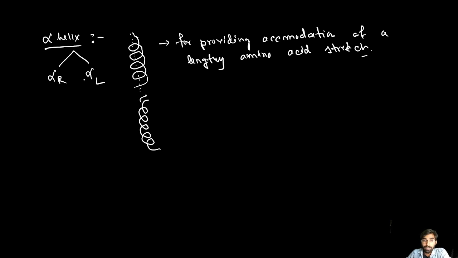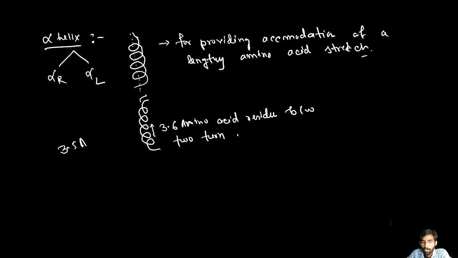But the major concern is that between two turns there are 3.6 amino acid residues. Generally the distance between two amino acids varies up to 3.5 angstrom.